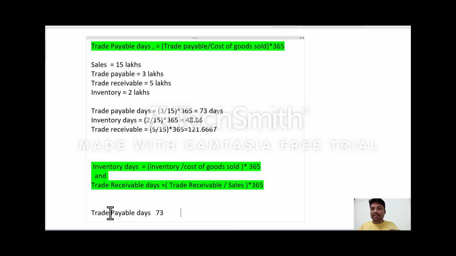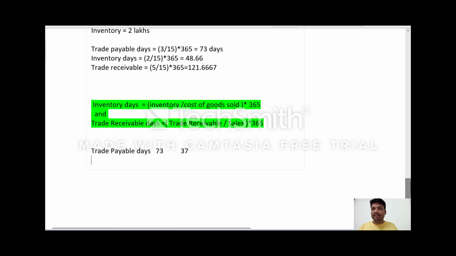Suppose the value is 37. Similarly, inventory days, first we calculated almost 48.66, which means it is going to be the next day, so it is 49 days. For simplicity, make it a round figure of 50 days. Let's take 70 days and make it 35 days, simplifying.